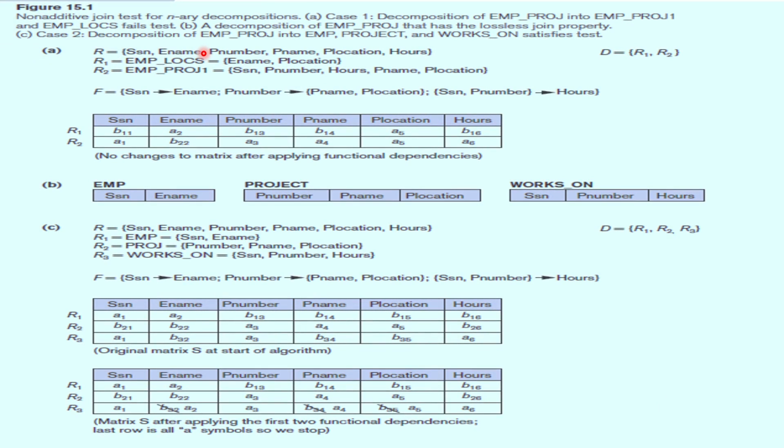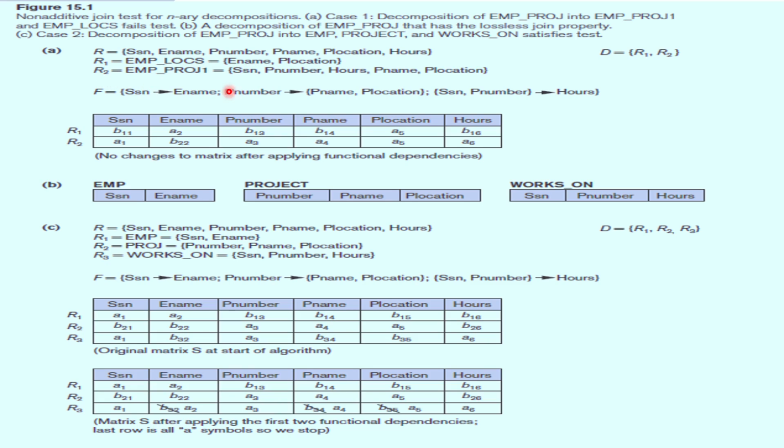Let's see the same thing using an example. Here I have taken an example relation R. R contains the attributes SSN, ename, pnumber, pname, plocation and hours. This relation R is decomposed as R1 and R2, so D contains R1 and R2. R1 is renamed as EMP_LOCS, and the attributes of R1 are ename and plocation.